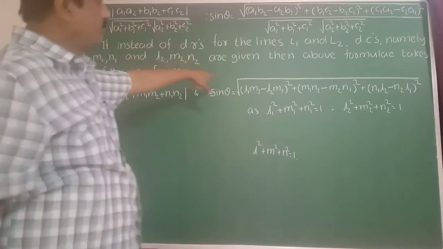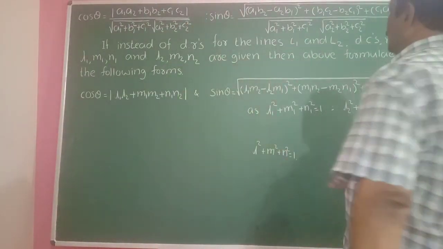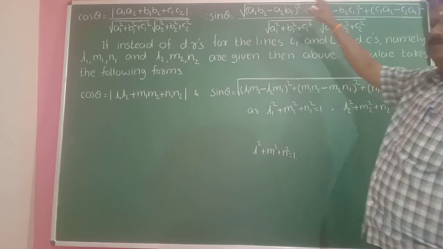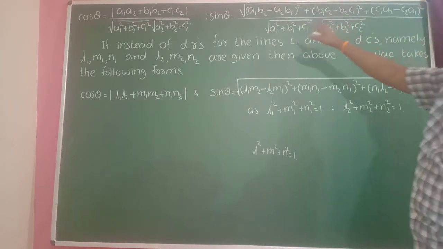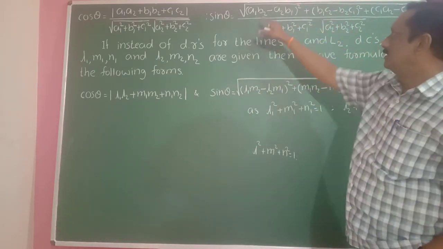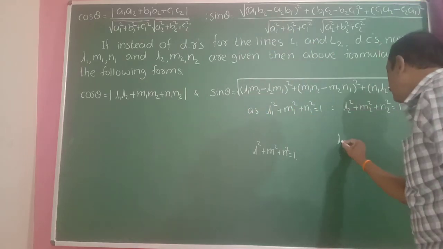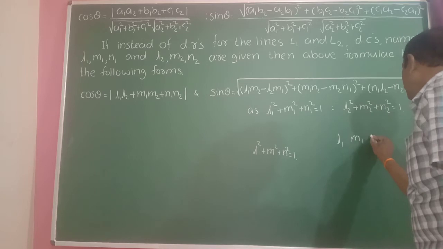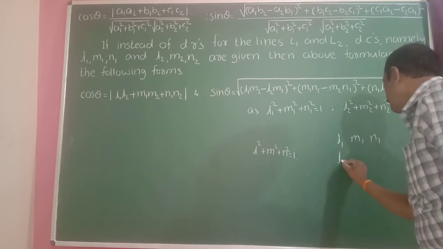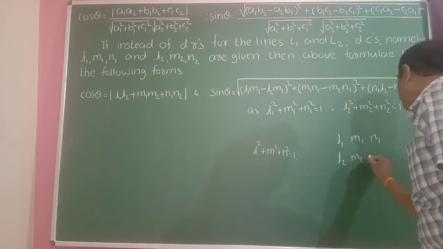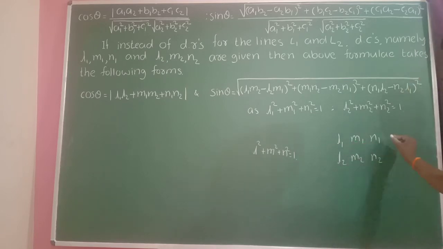Even here, for the sine, the root instead of a1, b1 into b2, c1, c2 and so on, take l1 m2 and so on. So this can be written as l1 m2. You can write l1 m1 n1, l2 m2 n2. Repeat once again, l1 l2.